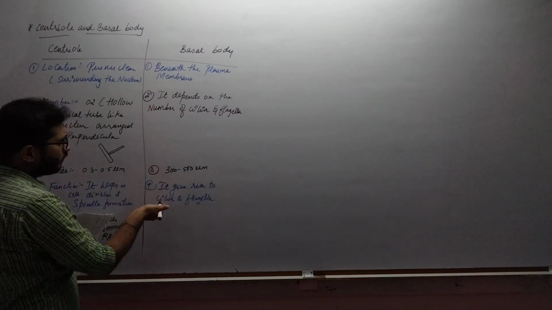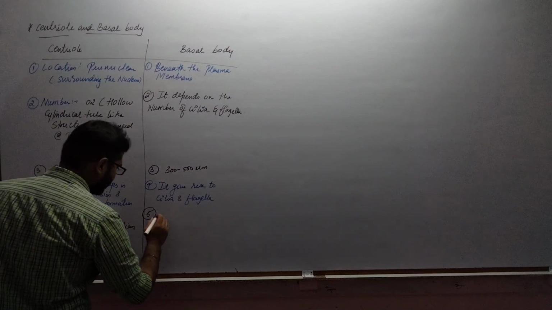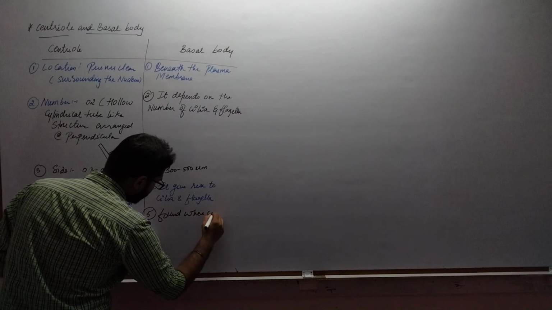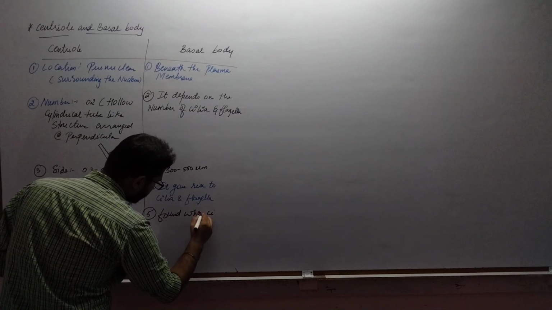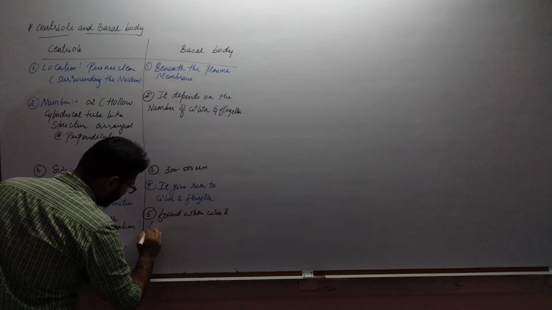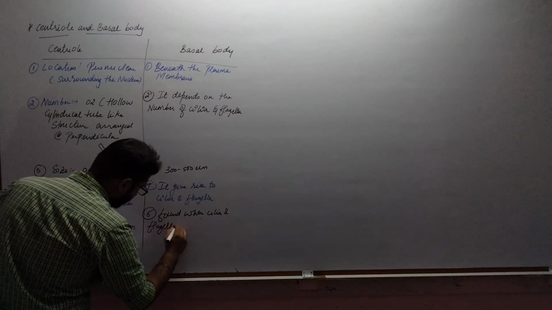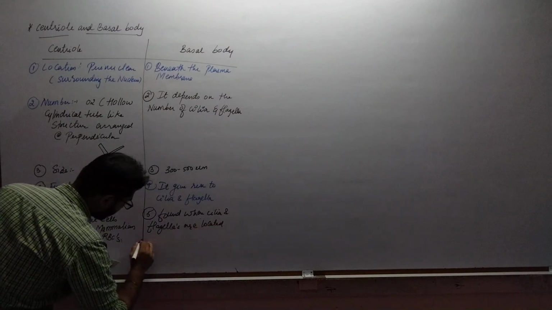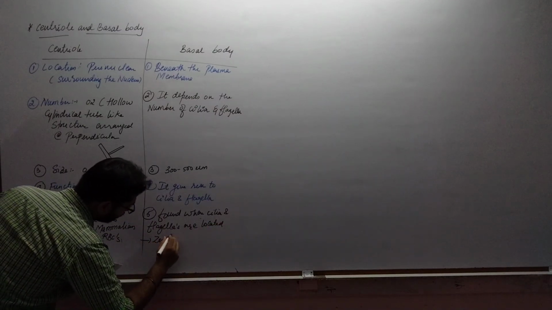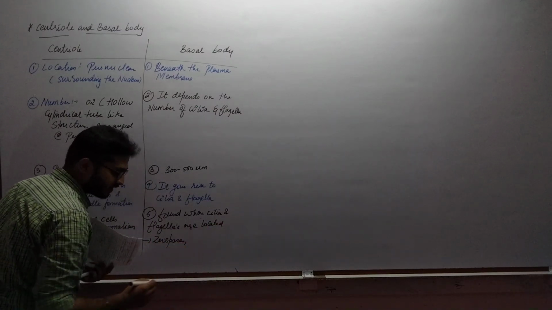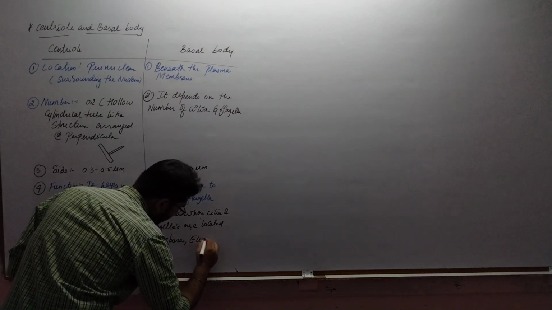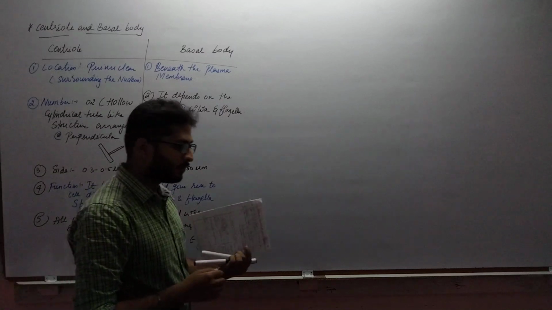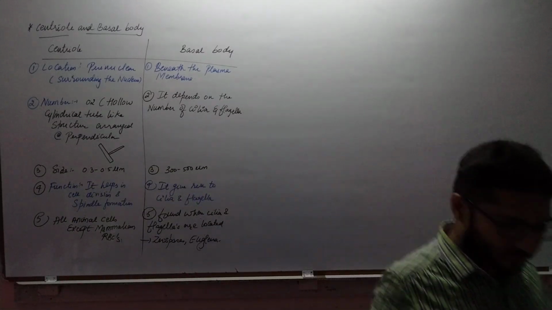Basal bodies are found where cilia and flagella are located. You can take the example of zoospores, or organisms like Euglena where these structures are present, right?